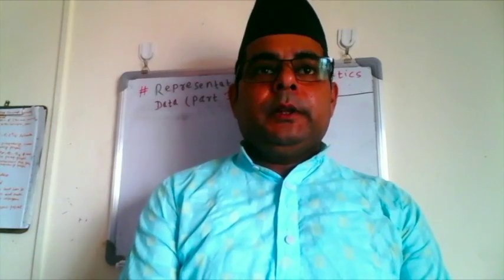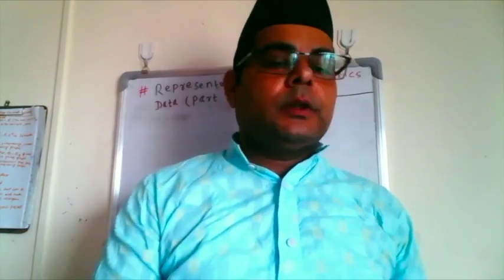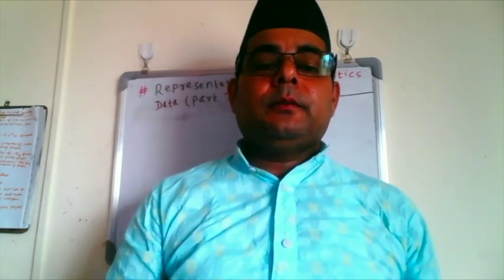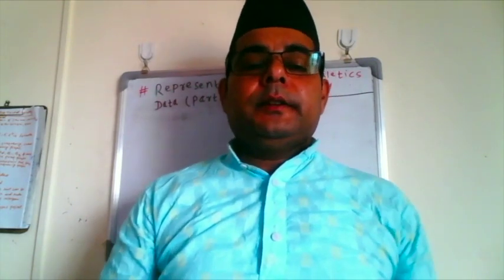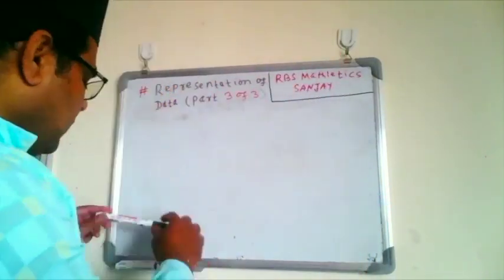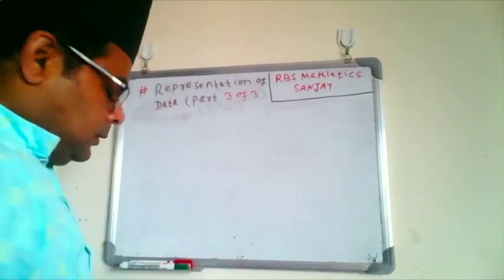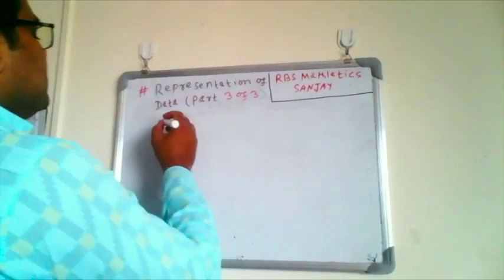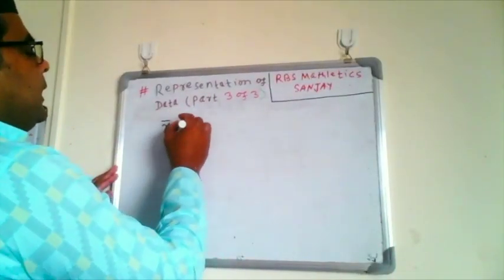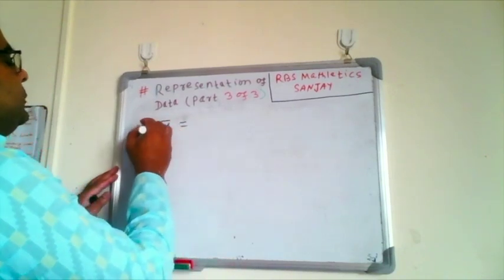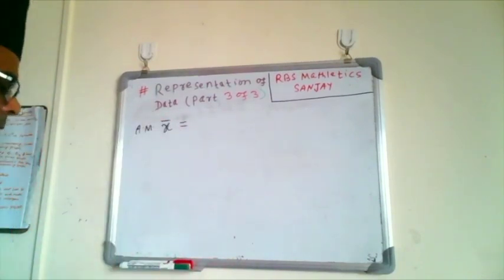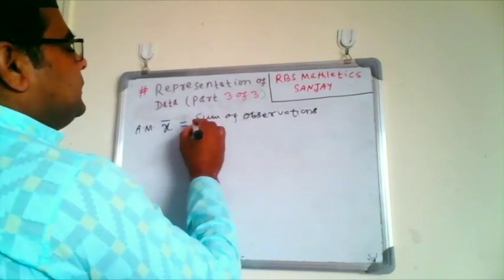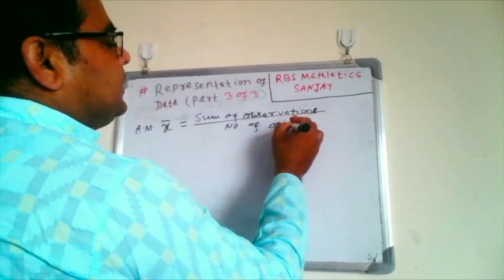Now before we move further to solve the problem, first of all I am going to highlight some of the formulas that we had learned in our class, and then I will come back to the problem solving. So here we shall discuss the formula for x bar, the arithmetic mean, which is the sum of observations divided by the number of observations.